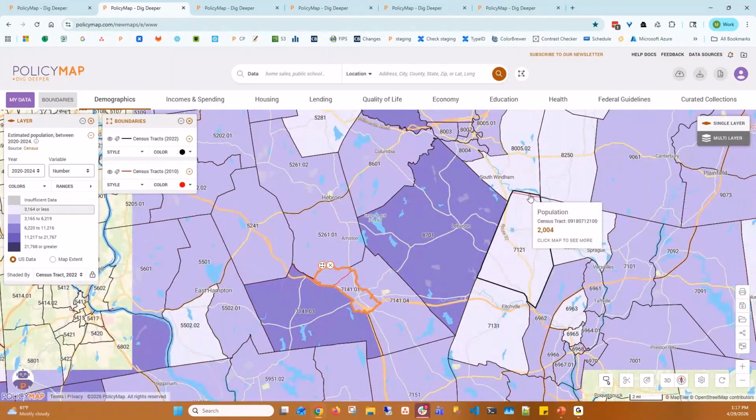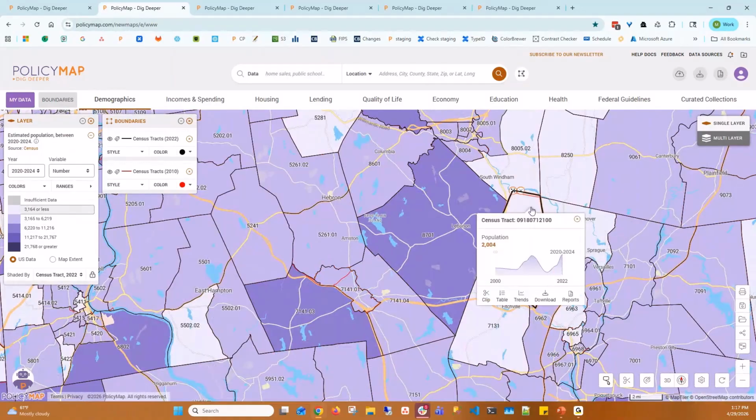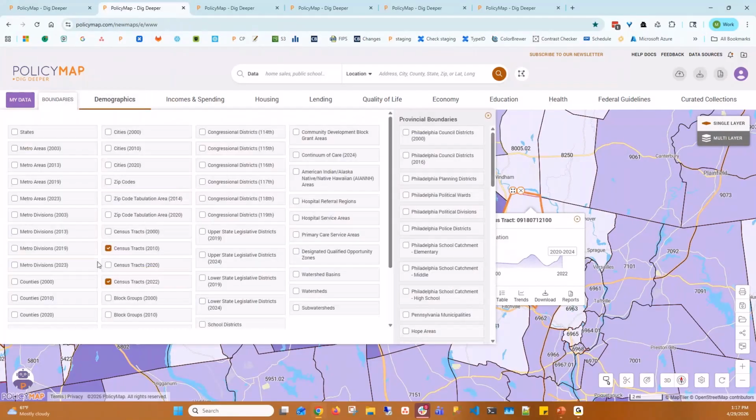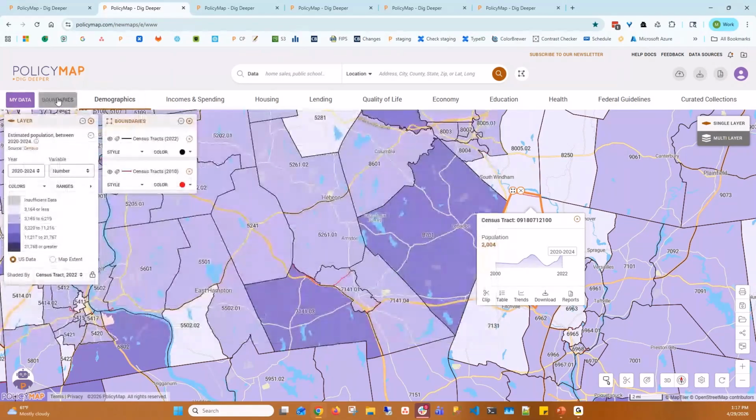Here's an example of, okay, this is such a small amount. And we were saying, okay, it fell within the 98% the same of area. And we found that that was an okay slight variation within the tract to be able to agree that we can compare this over time. All boundaries are available in the boundary section. So it's a fun way to be able to understand some of those boundary shifts over time.